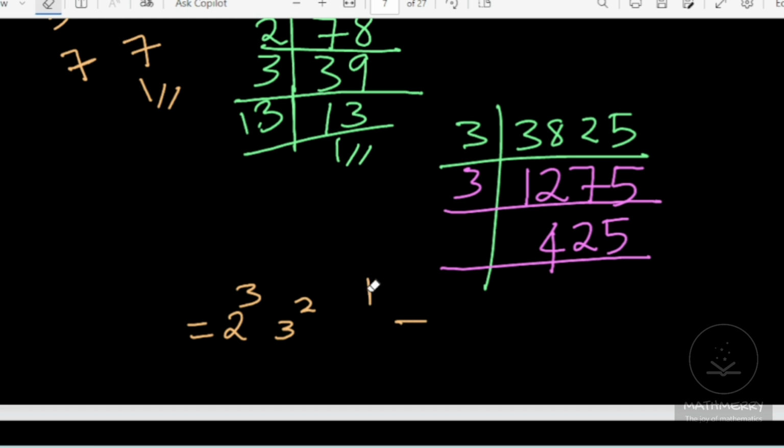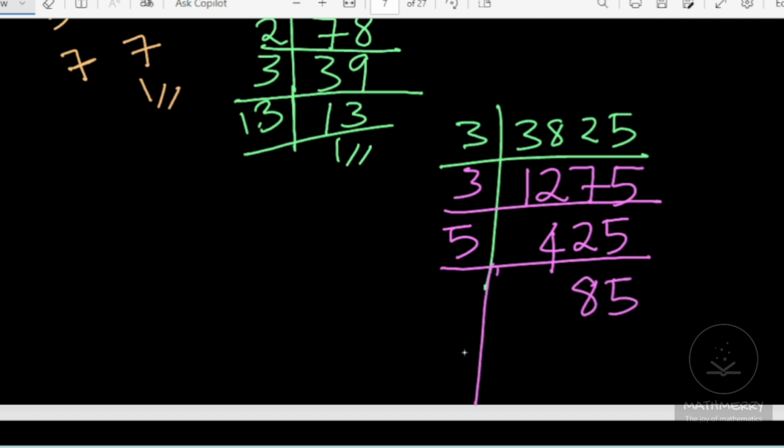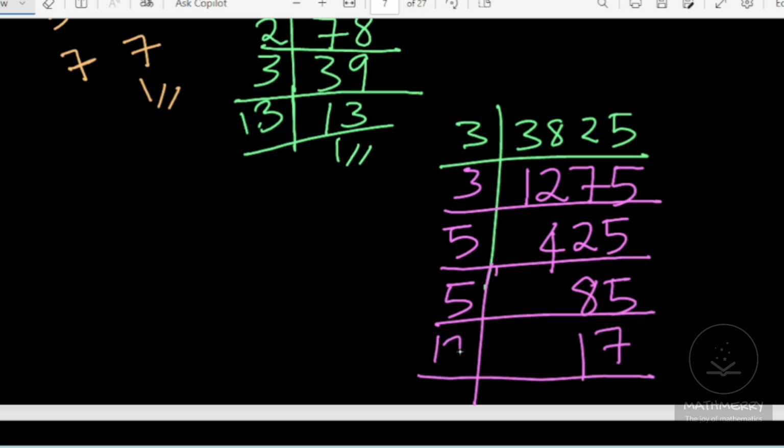What will be the answer? Now when we try for 5, we have 85. Now again, we can divide 85 with 5 itself. So we will get 17. Now 17 is a prime number, so it will only be divisible by 17 itself. So that's about our prime factorization.